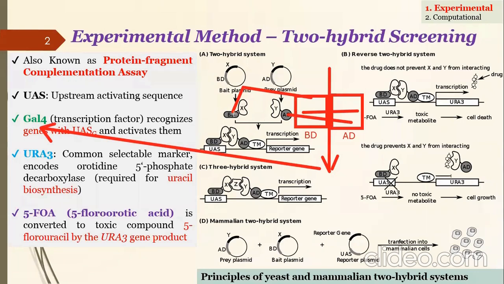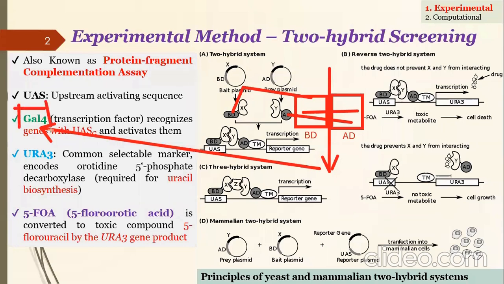One domain is bound with one protein, and the other is bound with some other protein. This is X and this is Y. Now we want to check whether X and Y interact or not. If they interact, the binding domain and activating domain come closer to each other due to their recognition and binding with each other, making a functional GAL4 protein.